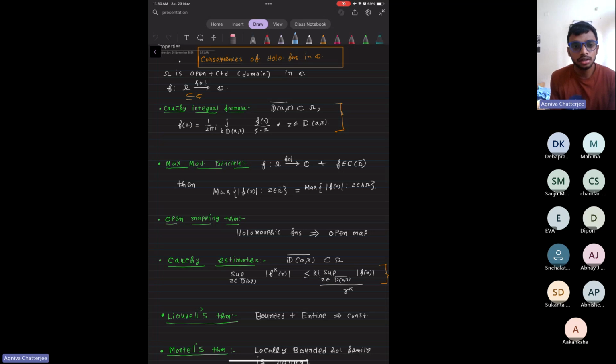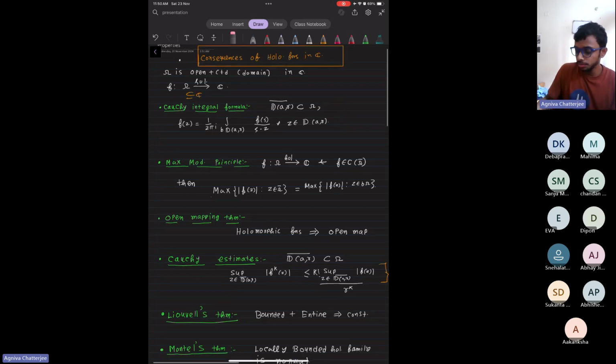The first one is the Cauchy integral formula, which, as I mentioned earlier, is extremely important.